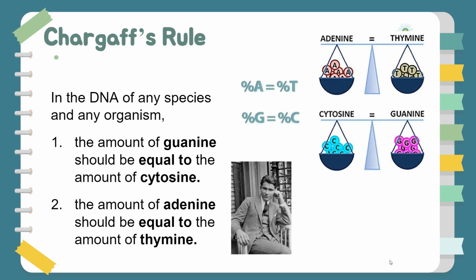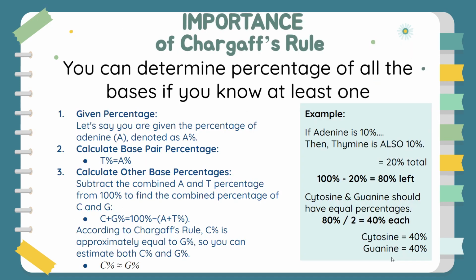This concept seems pretty fundamental, as we already know about these pairing rules, but this actually has other implications. For instance, if you know the percentage of one base, you can deduce the percentages of the others. Please summarize this in your notes and be prepared to calculate problems like this in class.